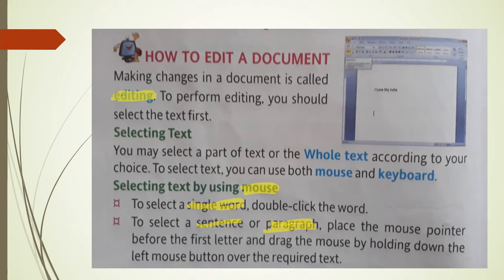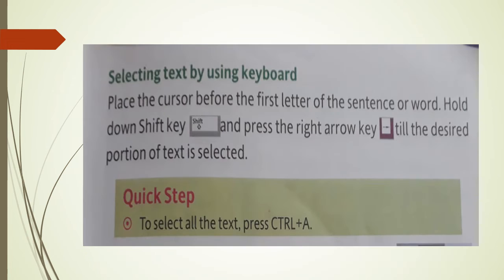See, this is the text written here. Place your cursor on the first letter and drag the mouse by holding down the left mouse button over the required text. Then your text will be selected.